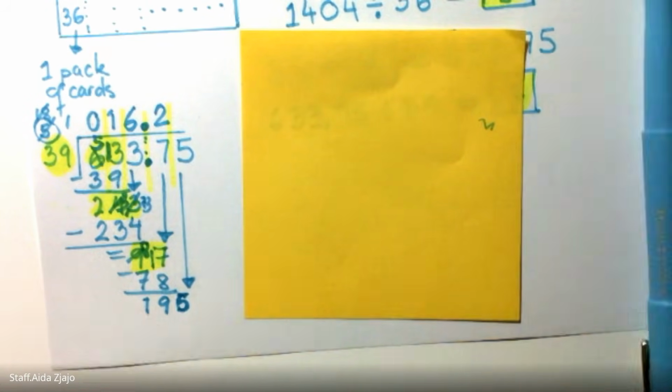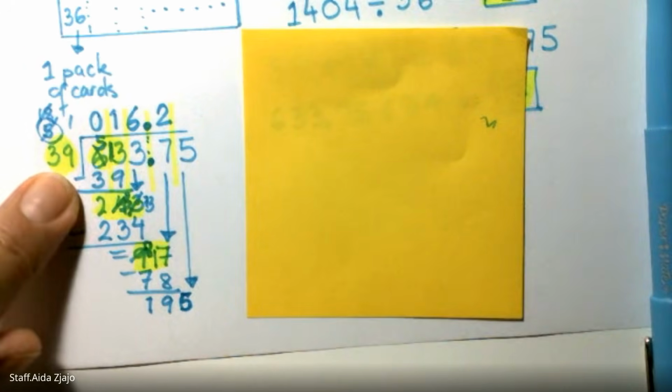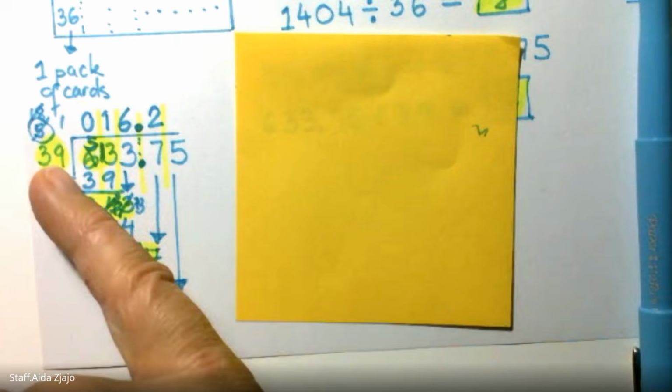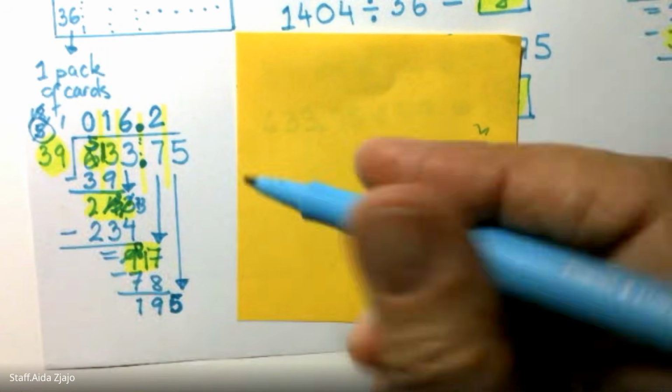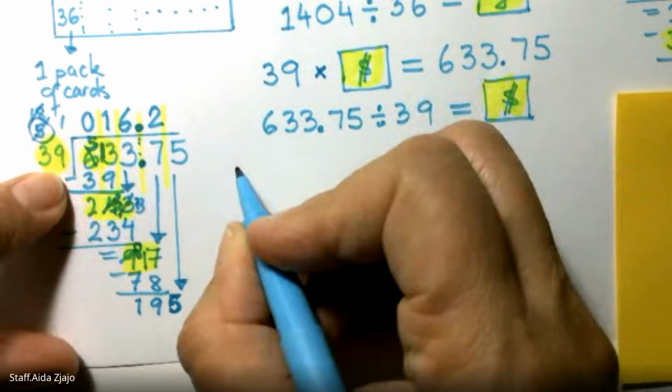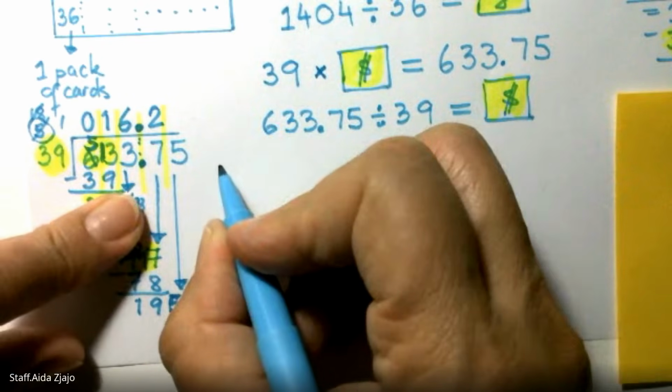So think about 40, round this to 40: 40, 80, 120, 160, 200. So it might work because it's one left. But let's check. If you guess that it is 4, for example, you can check.